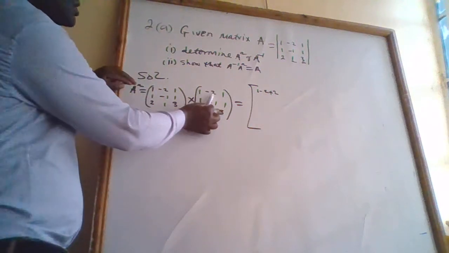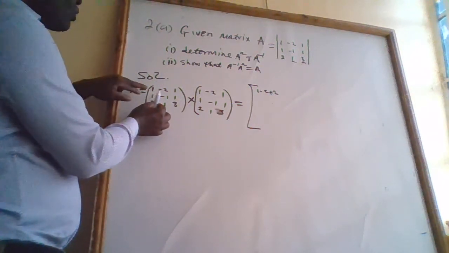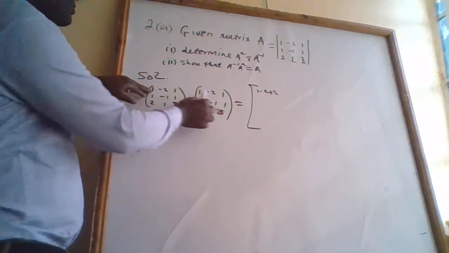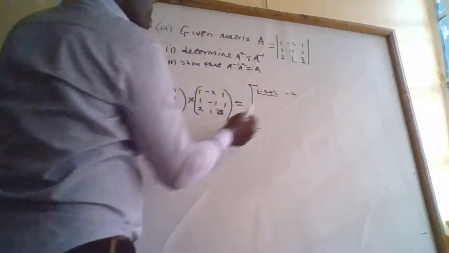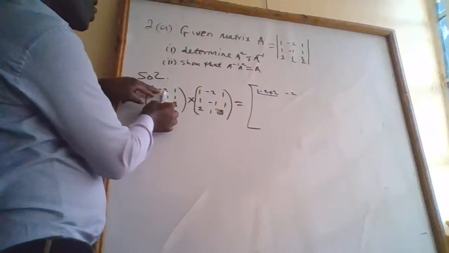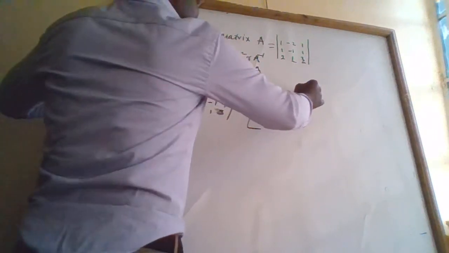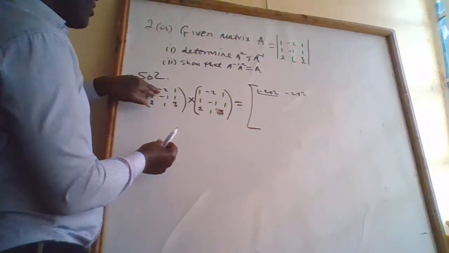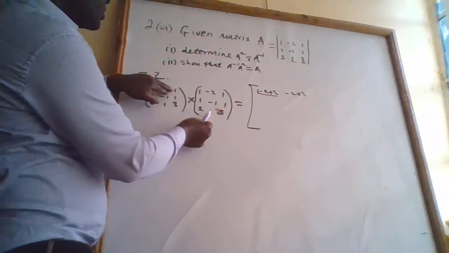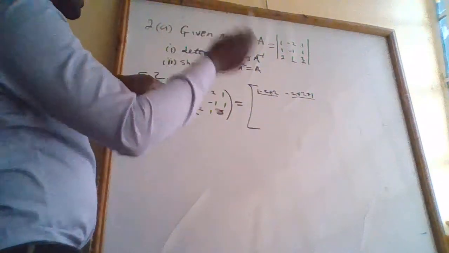Then we'll move on with the second element. It will be 1 times negative 2, we have negative 2. Then negative 2 times negative 1, we have plus 2. Then we have 1 times 1, so plus 1.